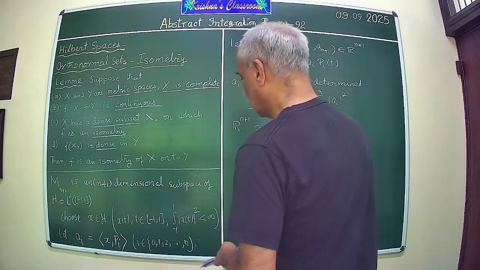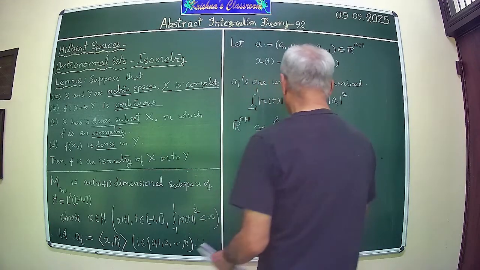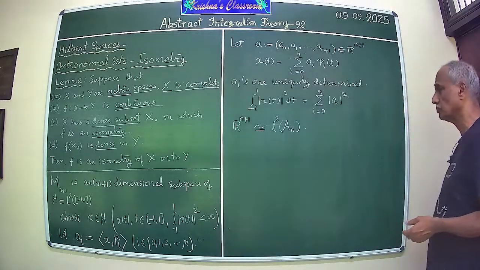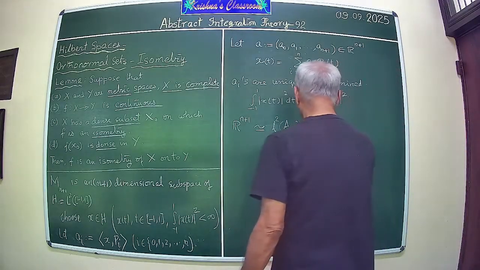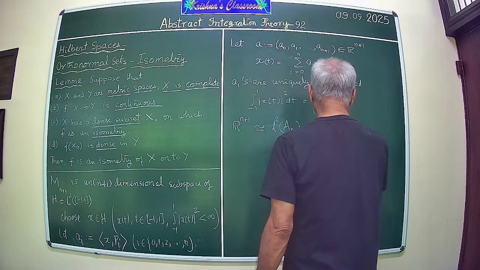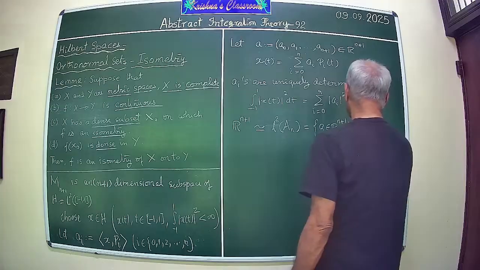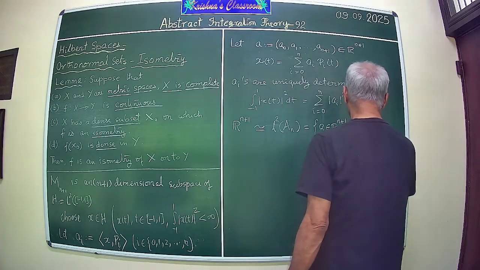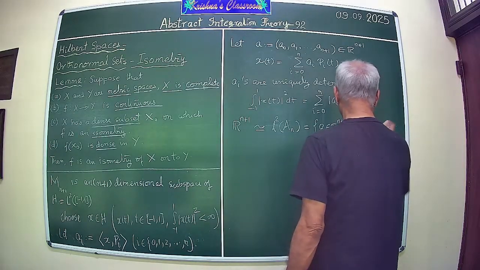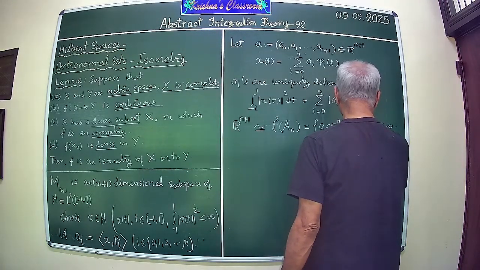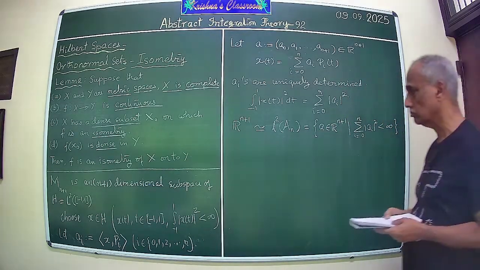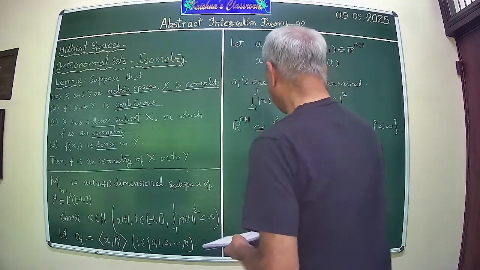We used this A, which consists of all A belonging to R^(n+1), and in fact this is redundant. So it's an n-dimensional vector space.